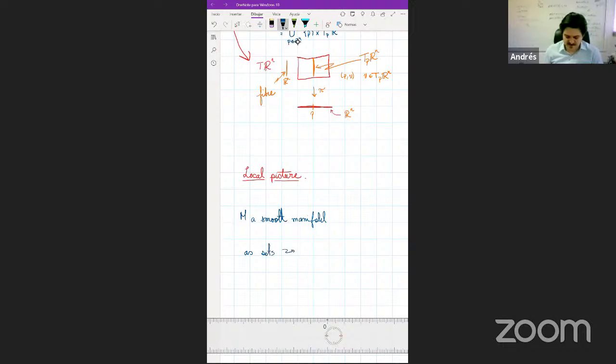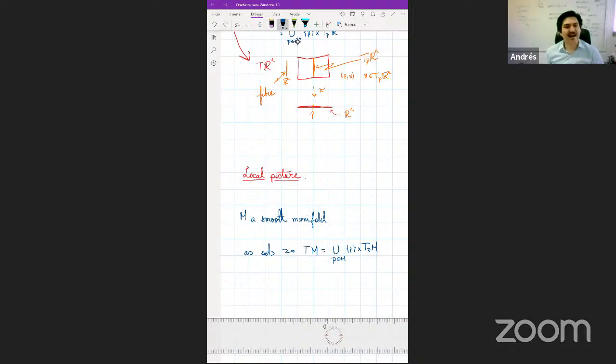As sets, there's nothing more to be said. It's just the disjoint union of this. Nothing new.